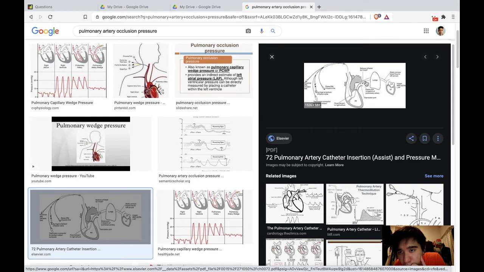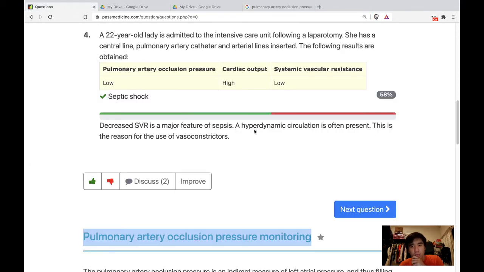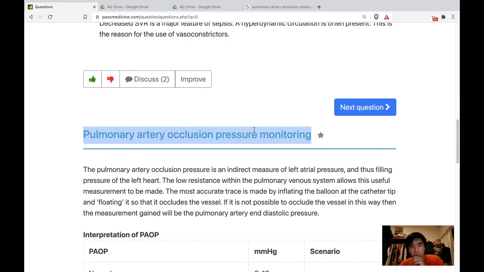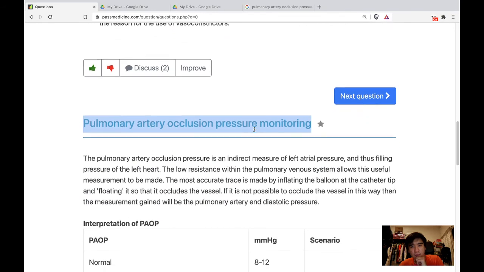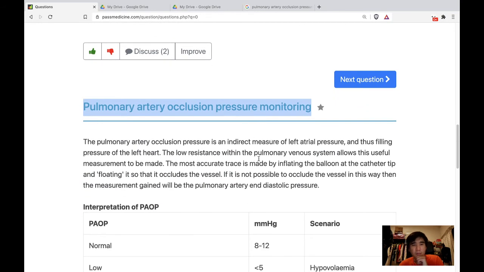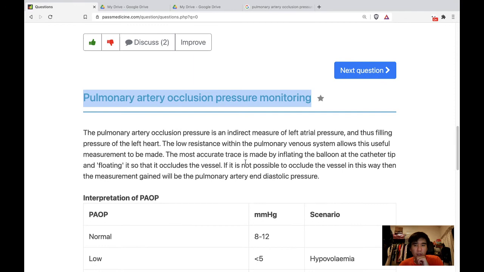Distal point in branch of pulmonary artery, balloon inflated. So you occlude the pulmonary artery and you measure the blood pressure after that, which tells you the filling pressure of the left heart. Okay.